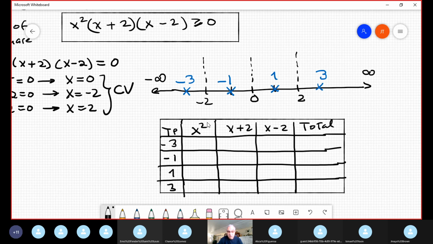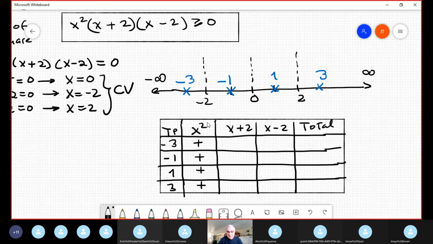When you plug in a positive or negative value, it is always positive. Yes or no? Because a negative number squared is positive, and a positive number, of course, is positive. Do you remember that when you analyze the sign, the positive part is not important?